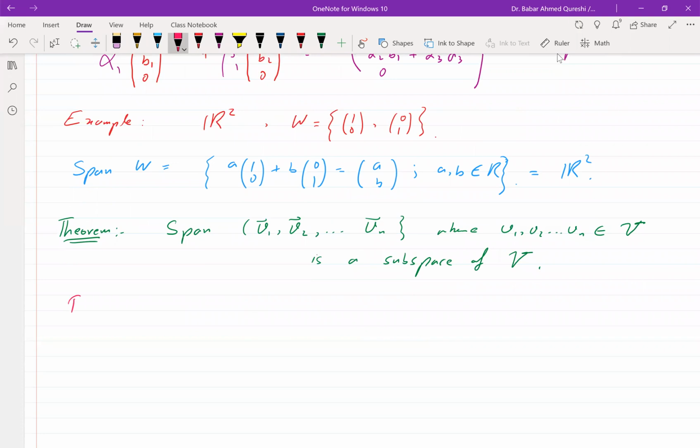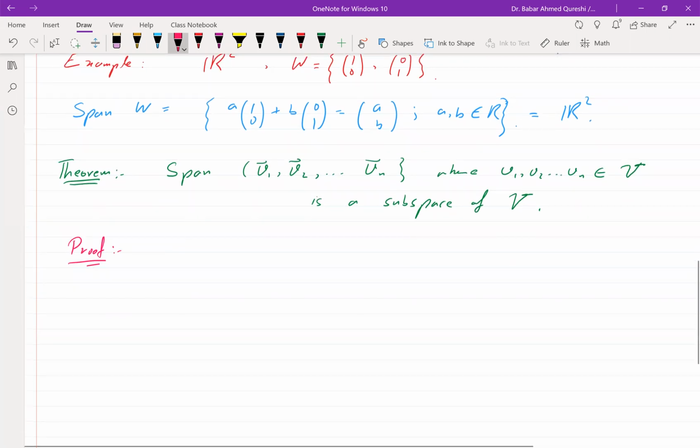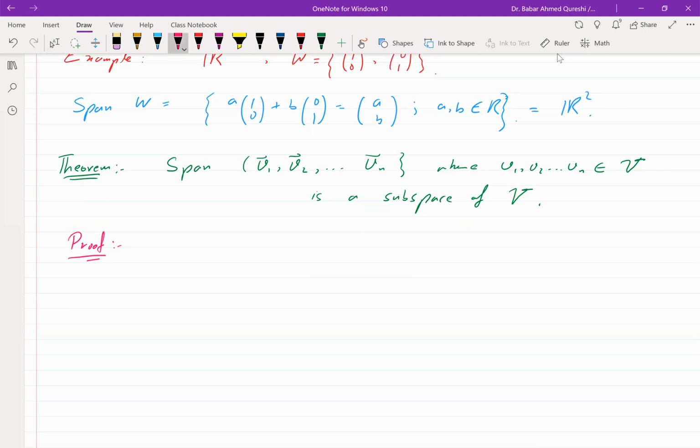So the proof is completely trivial. You just have to pick any two vectors from the span. So what are the typical vectors in the span? This is one vector.